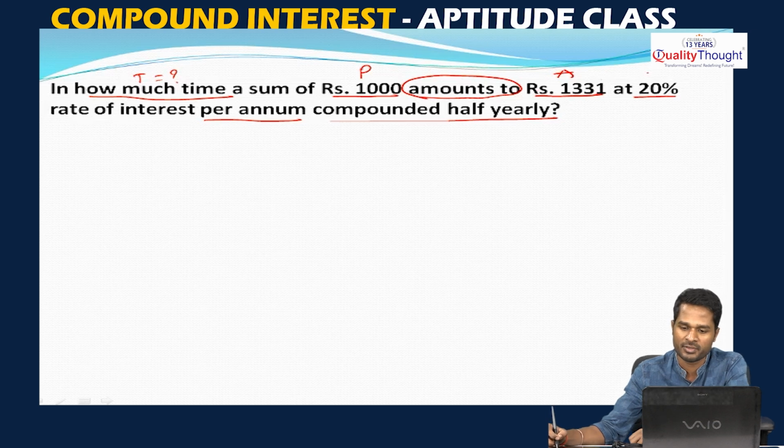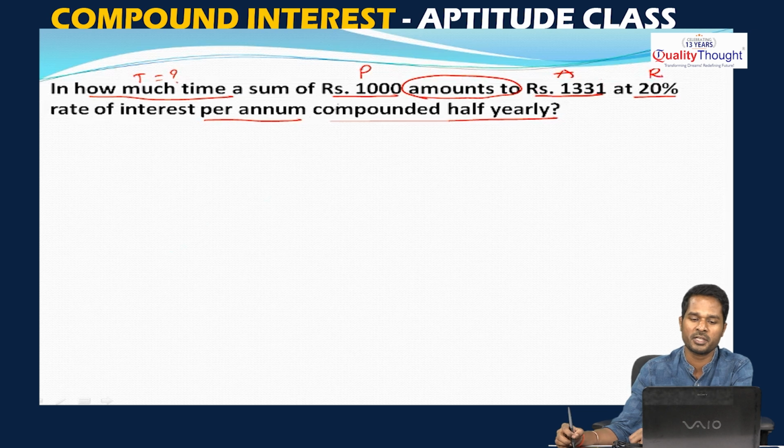So we have the rate of interest per year, that is 20%. The principal amount is 1,000 and the total amount is 1,331 at 20% rate of interest. Per annum it is 20% every year, and if it is calculated half yearly, in how much time will this 1,000 become 1,331? As he mentioned half yearly, let us find the rate of interest for half year.